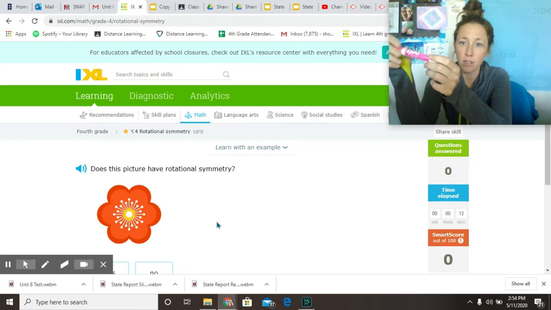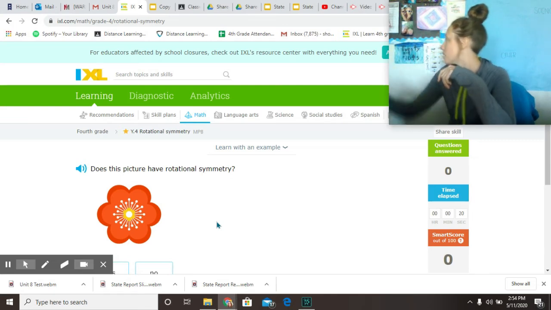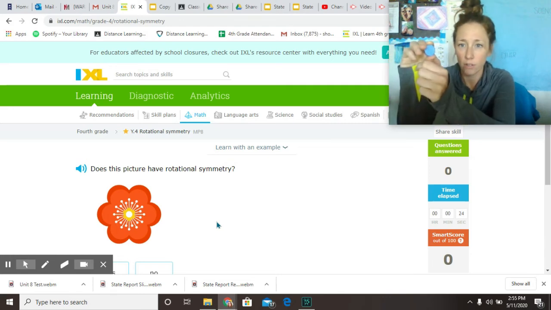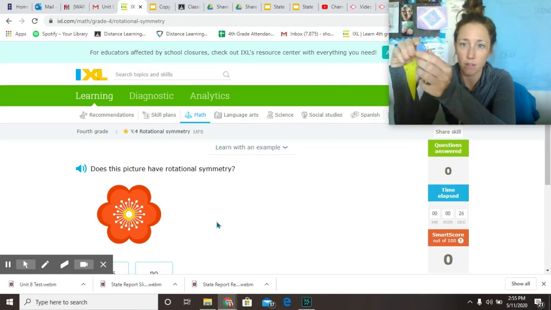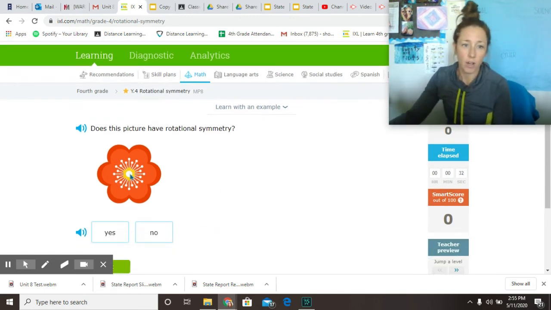If I spin it, it changes positions and it no longer looks the same. I'm trying to find something in my room that actually would have rotational symmetry. This magnet would have rotational symmetry because if I spin it, it still looks the same no matter which way I spin it. So this flower, I can spin it and it's going to end up looking the same at different points. So that would be rotational symmetry.